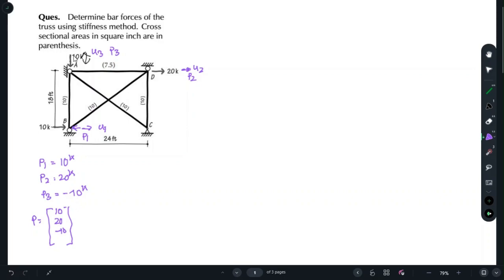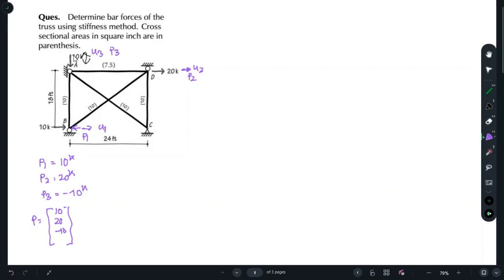And the very next step is to find out the bar forces. Let's say we have bar forces FAB, FAD, FDC, FAC, FBD. We'll find bar forces in the very last step. Before that, we'll find out U1, U2, and U3.